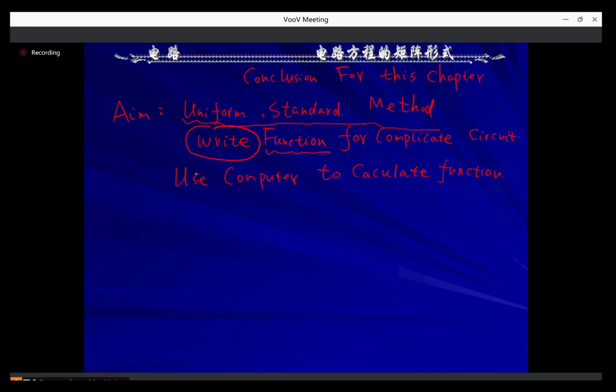The emphasis is not calculating the function. The calculation we all leave to a computer. Actually, all computer simulation software is based on the method of this chapter.